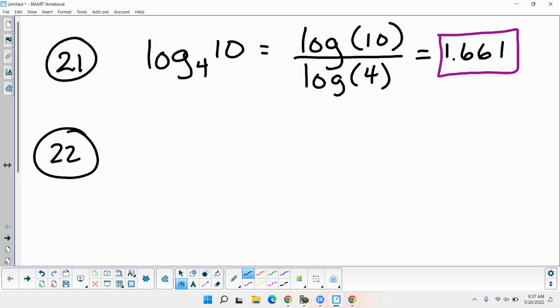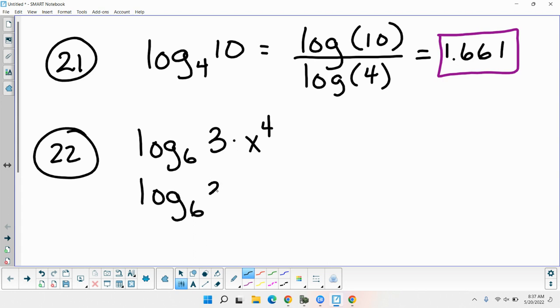Number 22, we have multiplication, so when we expand it, we turn that into addition. We got this 3 times, we don't have the times symbol, but that's what's going on there, right? The 3 in front means 3 times x to the 4th. So we turn that into 2 logs when we expand it. So we keep the same base, and that multiplication becomes addition.